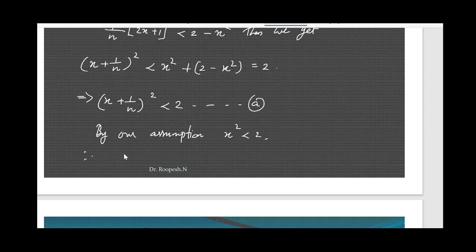Therefore, x square is less than 2, so 2 minus x square is greater than 0, right? Therefore (2 minus x square) by (2x plus 1) is also greater than 0. What's the reason?